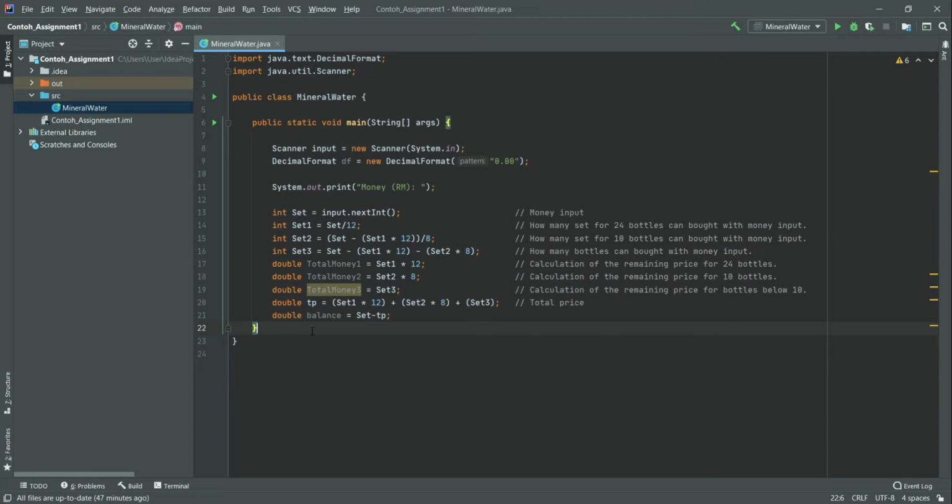Next I will input all the calculation for instruction 1.